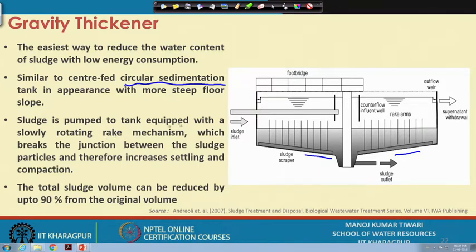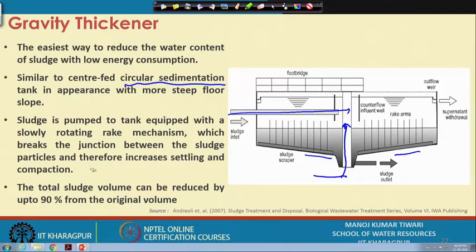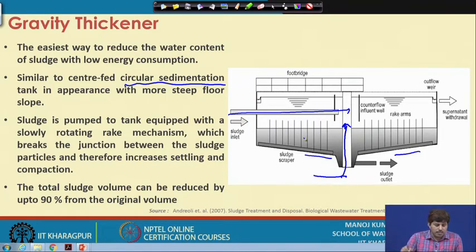Sludge is generally pumped to the tank from the bottom, or we can actually let the sludge enter from the top. Both kinds of systems are there. This breaks the junction between sludge and particles, this mixing allows the particles to settle.